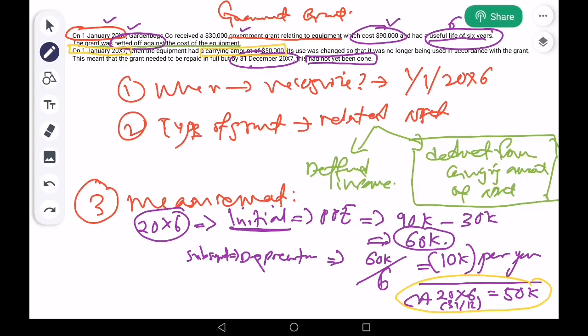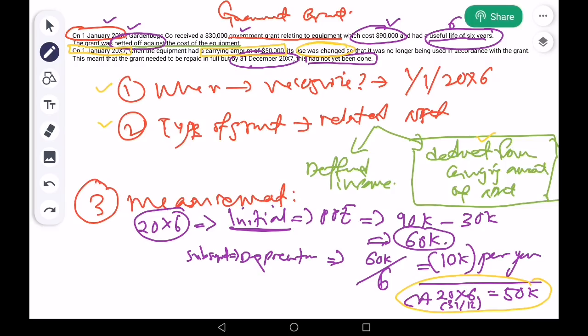My video is more focused on the principle behind it. First, you need to know when to recognize, what the type of grant is, the method used, and how the measurement is done. Now, on the 1st January, the use of the equipment itself was changed.